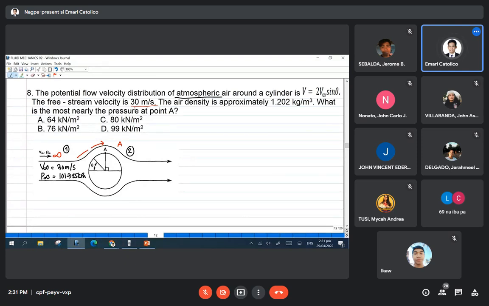So, at point 2, yung V daw natin, VA is equals to 2 V infinity sine theta. Then also meron tayong density of 1.202 kilogram per cubic meters. Ang tinatanong dito is the pressure at point A. So PA ang hinahanap.